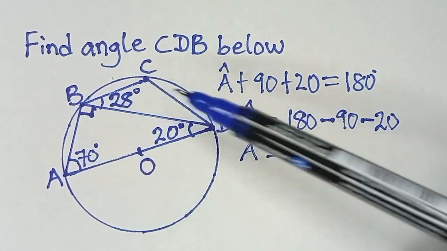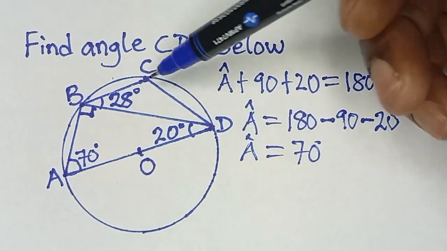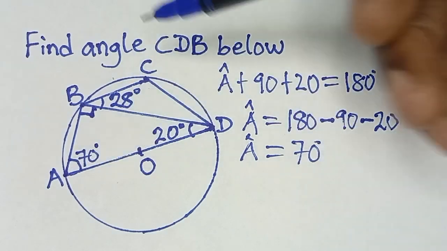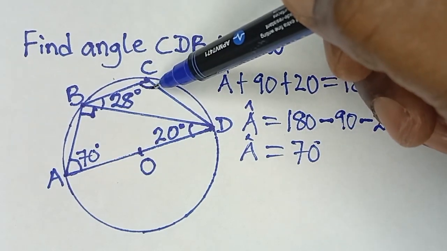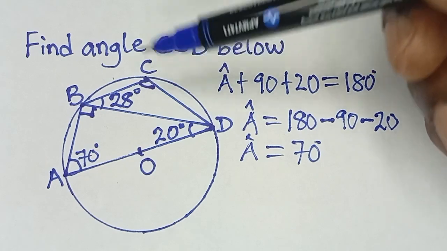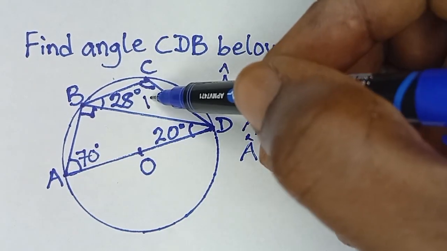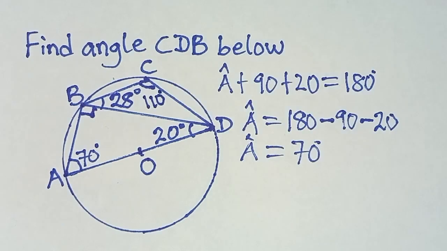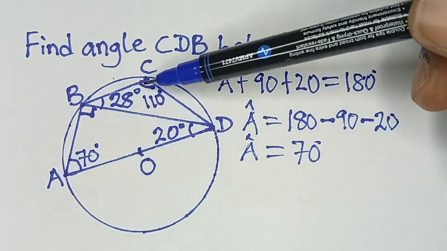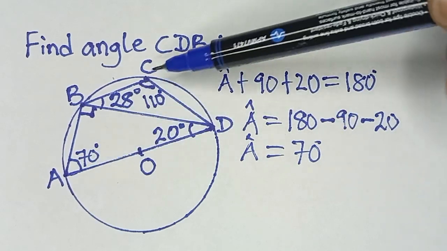That is what supplementary means. So if this is 70, then the opposite angle to this 70 degrees becomes 180 minus 70, and that will give us 110. So the two of them are supplementary, meaning that when you add them together, they give you 180 degrees.